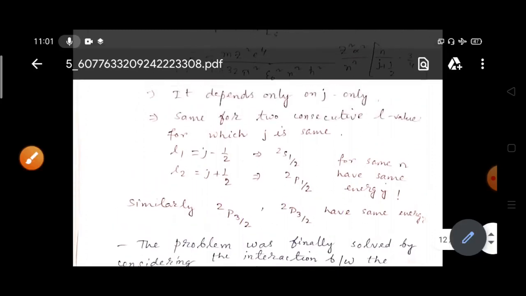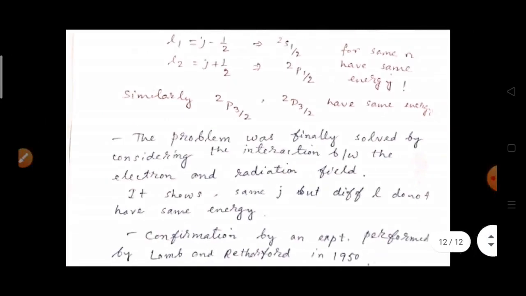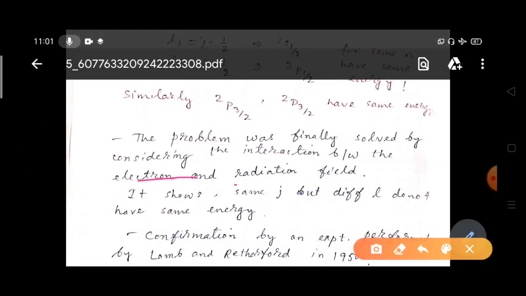So this was a problem, and this problem was finally solved by considering the interaction between the electron and the radiation field, because experimentally it was observed that these energy levels cannot have the same values, although they have the same n and the same j values, they are different energy levels.